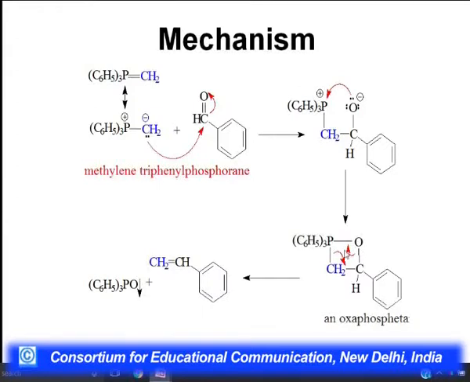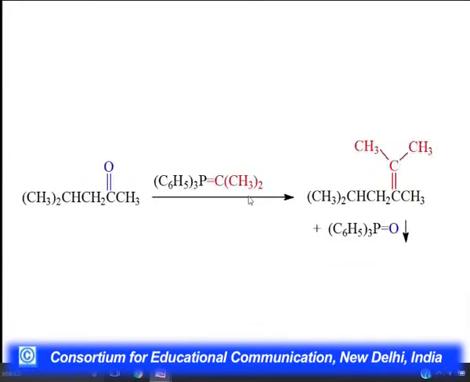At the same time, the carbon, being more electronegative, pulls these electrons towards itself, resulting in a double bond between these two carbons, and the formation of the alkene is facilitated. So this is a very good mechanism for preparation of alkenes, because these reactions are regioselective. That is, we will get only one alkene in this.